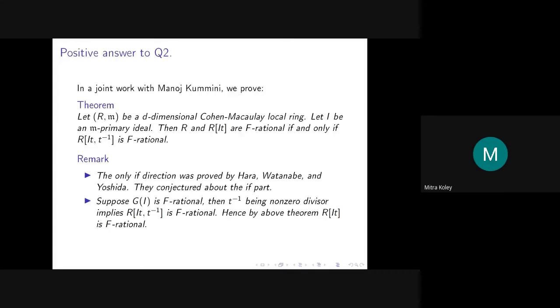So if one could prove that a direct summand of an F-rational ring is F-rational, then this would give a one-line proof of the if direction. But unfortunately, for F-rationality, this is not true: a direct summand of an F-rational ring need not be F-rational. But for rational singularity it is true, and that is how the proof goes in the rational singularity case. For the rational singularity case, the if part was the easy part, and the only if part requires some work.